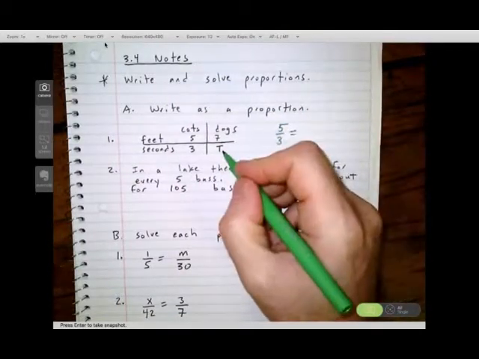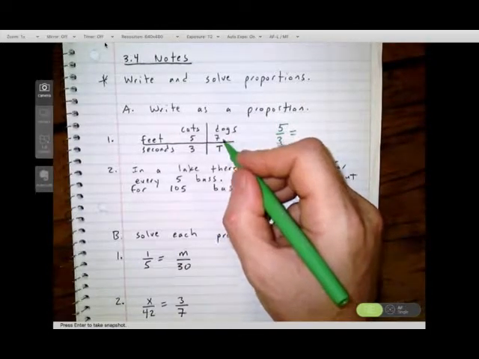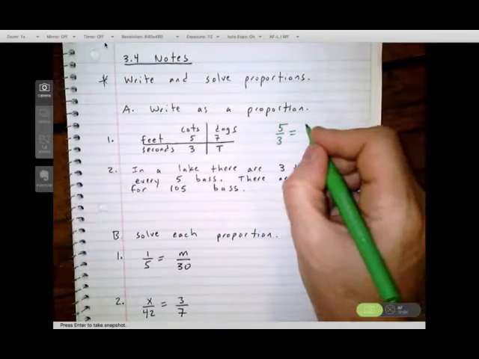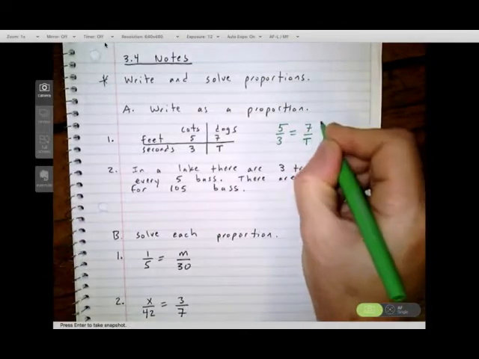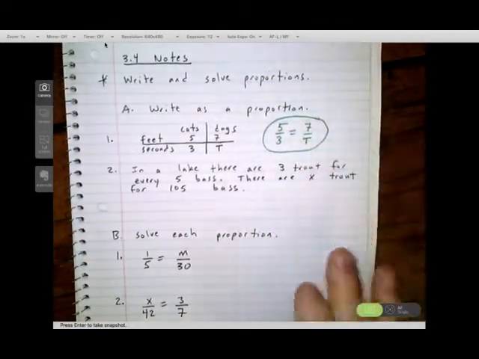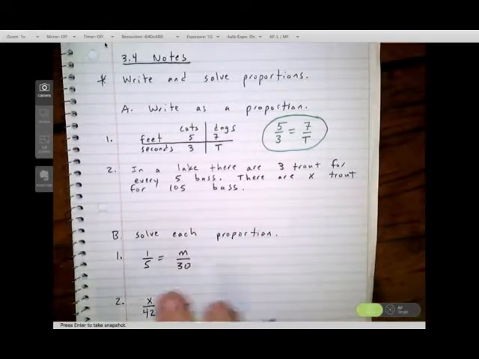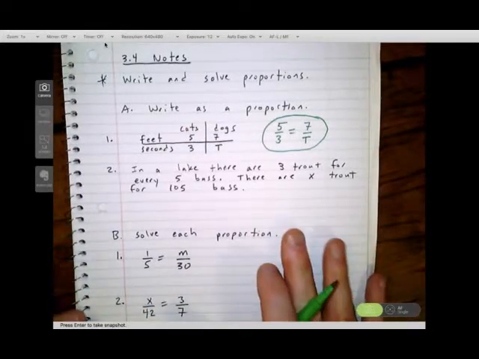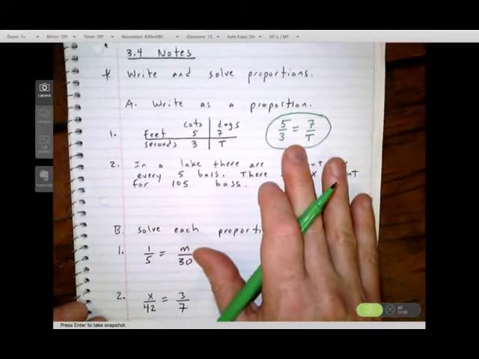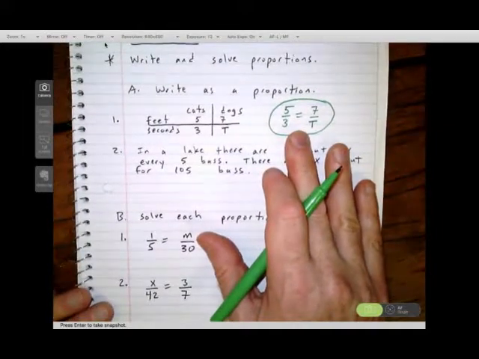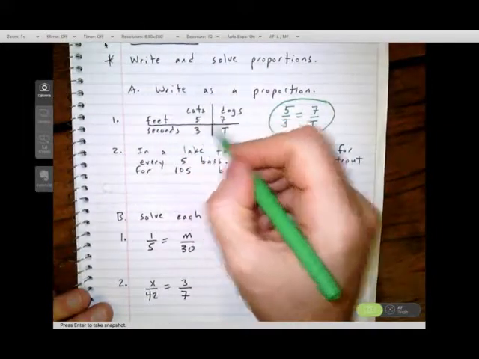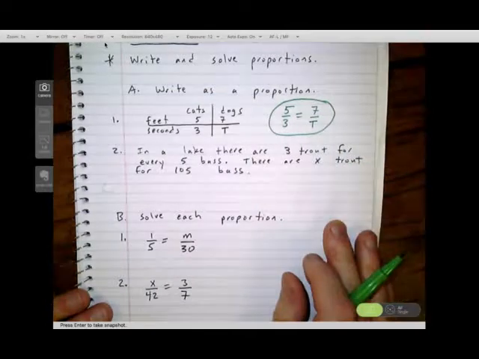Now they're going to leave off one number and put a letter in there. For the dogs, it's 7 feet for t seconds, so that equals 7 over t, and that's all you got to do. We're not going to solve anything. You don't have to tell me if it's a proportion or not. You just have to write it out. So 5 over 3 equals 7 over t.